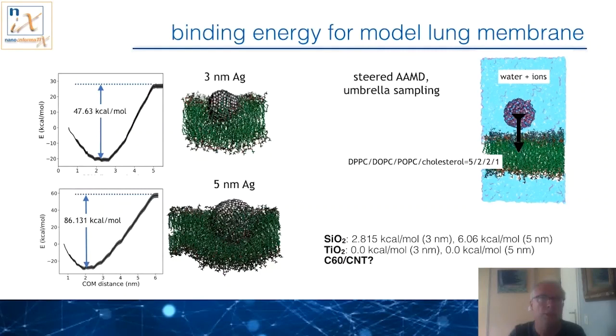So you see a potential well, and by measuring the depth of this well, you can actually determine the binding energy. And we did that for 3 nanometer silver nanoparticles, for 5 nanometer silver nanoparticles, which is actually quite close to the limit of all atom molecular dynamics. And we did that for silicon oxide, for titanium oxide, and we also looked into C60 and carbon nanotubes.